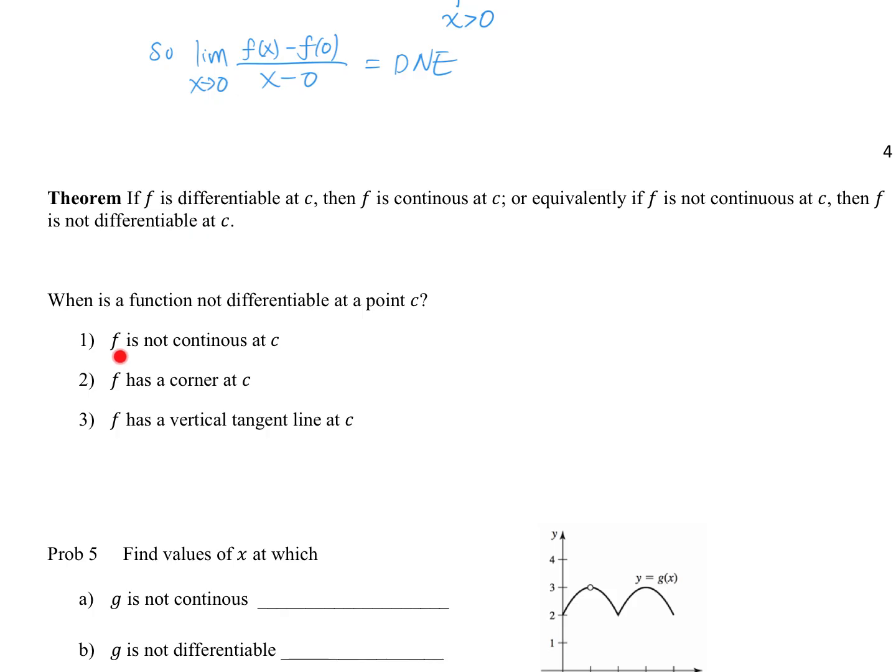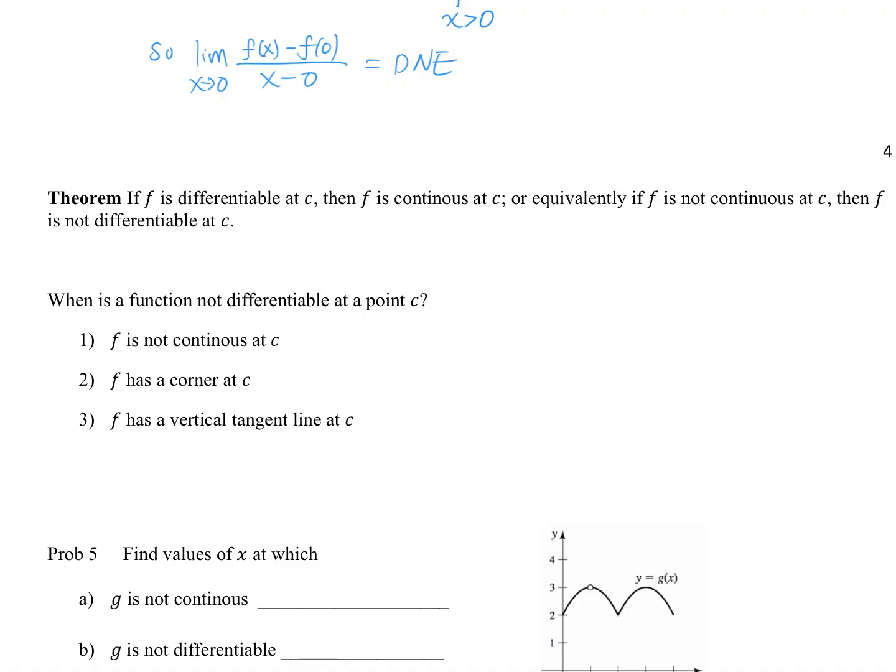Scenario number 1, f is not continuous. If f is not continuous, it's not differentiable. Second, if there's a sharp corner at c, then f is not differentiable. Third, if f has a vertical tangent line at c, in that case the derivative is either infinity or negative infinity, which is not defined. Therefore, it's not differentiable as well.